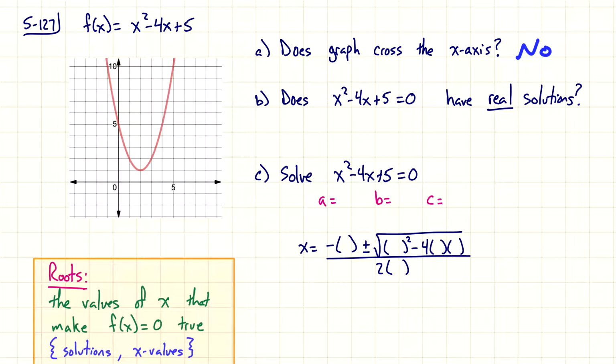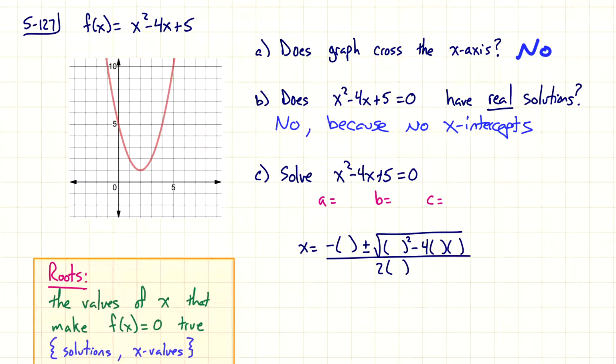If it crosses the x-axis, then that means it has real solutions. Since it doesn't, the answer is no real solutions, because there are no x-intercepts.